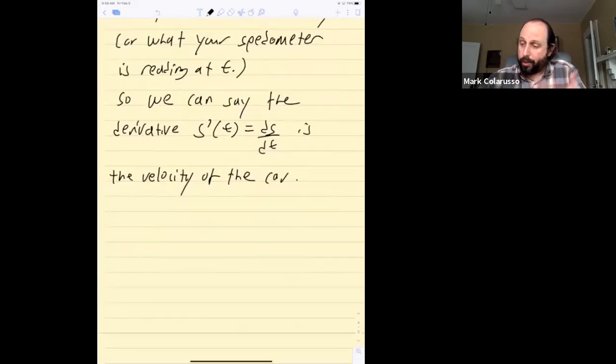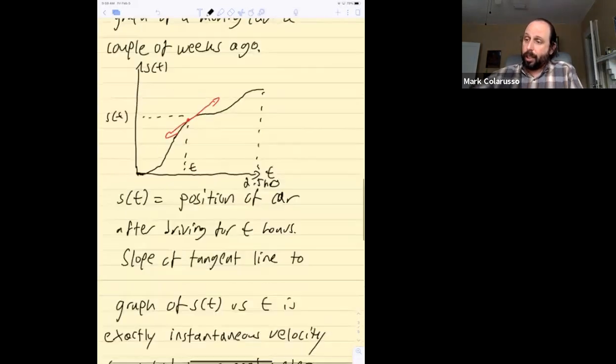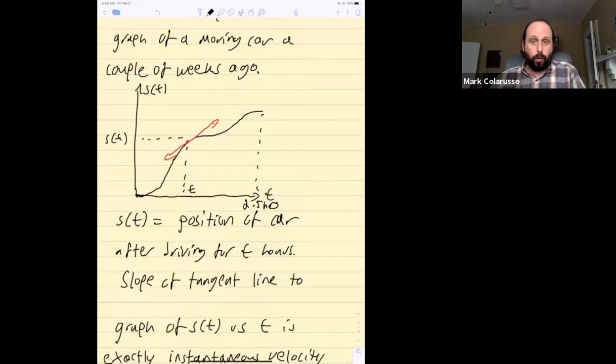Using physics notation, we would say v of t, the velocity of the car, is s prime of t equals ds dt. So the function of slopes of the position versus time graph is the velocity function. It is exactly what the speedometer is saying as you drive to New Orleans.